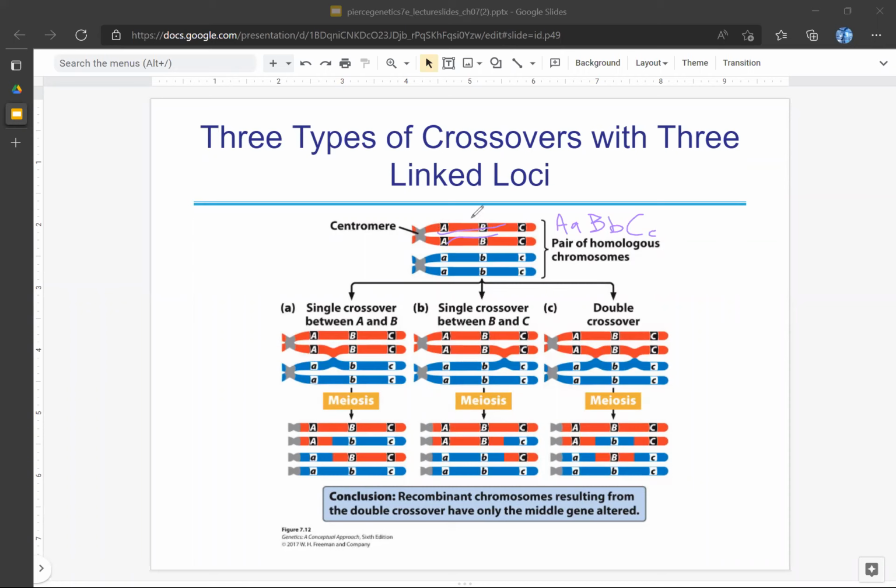They're sisters, they're identical. So we have this capital A provided by one of the chromosomes, and this lowercase a provided by the other chromosome. Same for this B and that B, this C and this C.